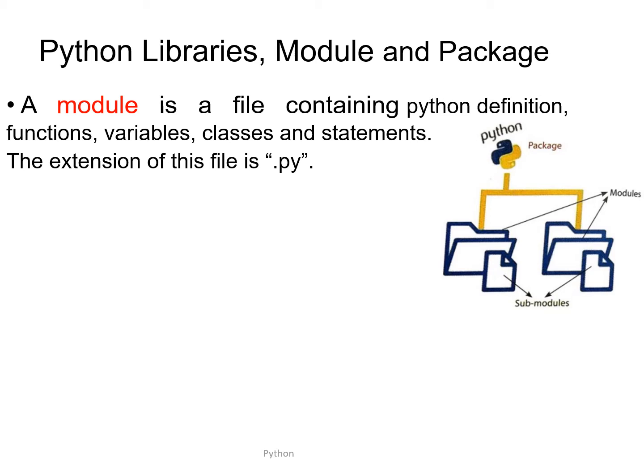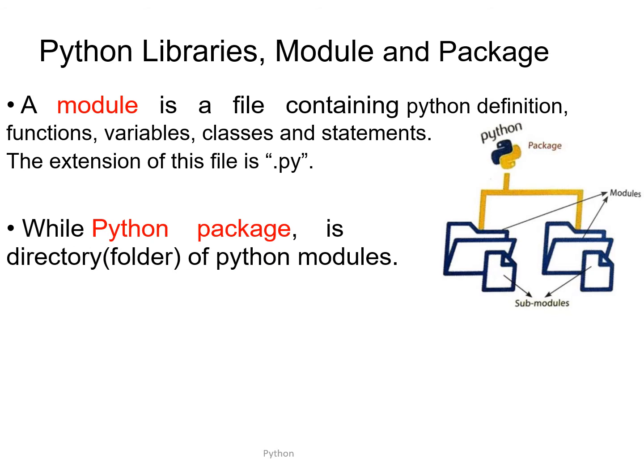A module is a file containing Python definitions, functions, variables, classes and statements, with the extension .py. We already used variables, statements of Python and the file extension .py in class 11. We put all those programs in a particular folder, and that particular folder is known as a Python package.